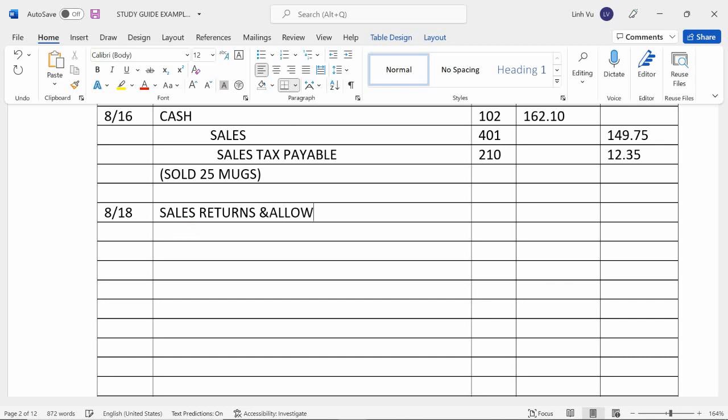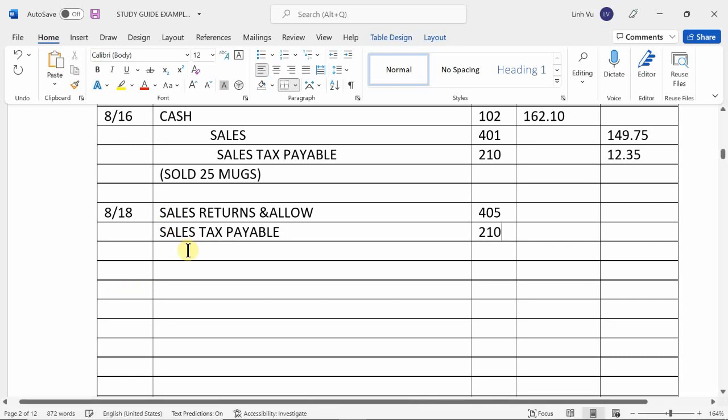We had to give some sales tax money back, so we have to decrease our sales tax. And how did we pay that customer? We paid them back in cash.